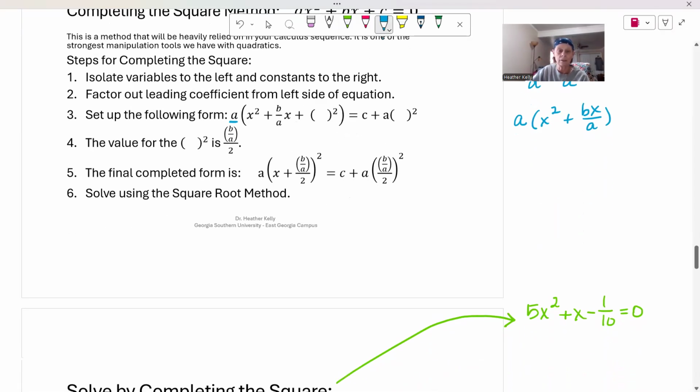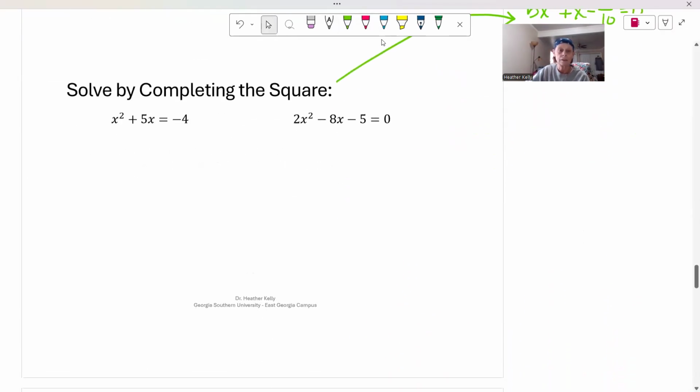So let's get started with the first one here. All right. So it's already in the form. The constant is separate from the variables, okay?